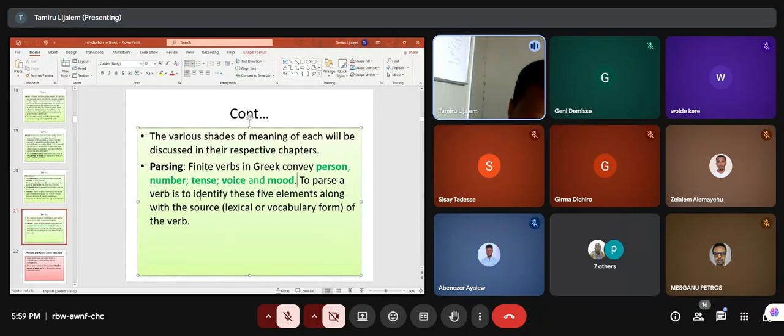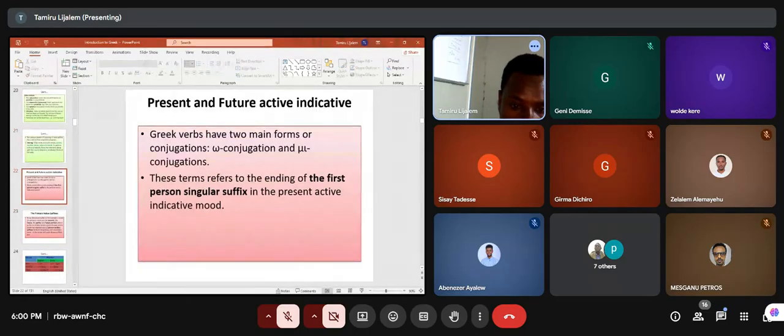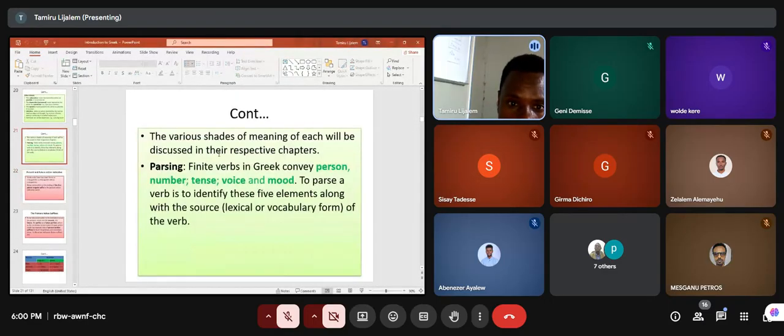Identifying all of these parts, separating each part and identifying the use of each, we call parsing. This is all about the revision. You can go to today's lesson.